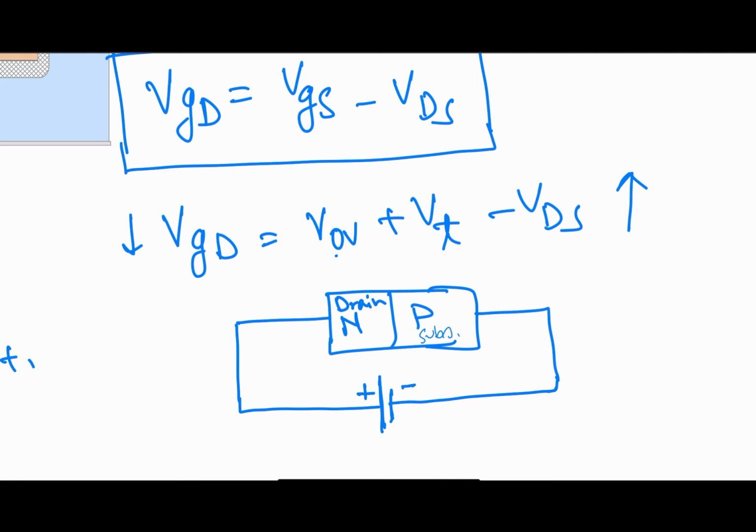The positive terminal is connected to the n-type semiconductor and the negative to the p-type semiconductor. That means what will happen? No current will flow through this one. We know this, but in the meantime the depletion region will form, and if we increase the voltage, the depletion region will start to increase.